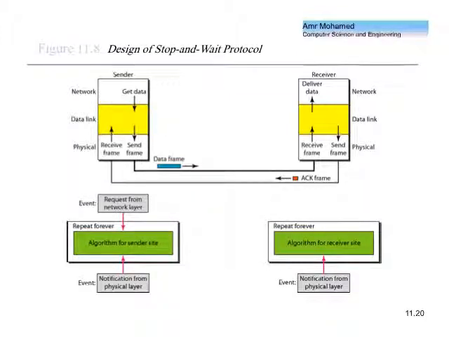So in that case, I have two events. One is coming from above, from the network layer, to tell me to take this data and send it. And the other one is from the receiver, which means from the physical layer, to tell me that there is a notification for an acknowledgement that arrived from the receiver.